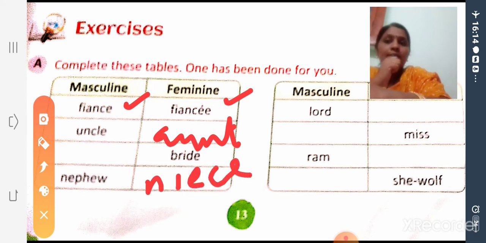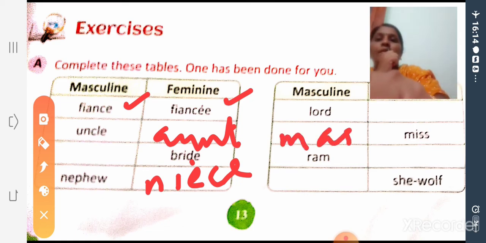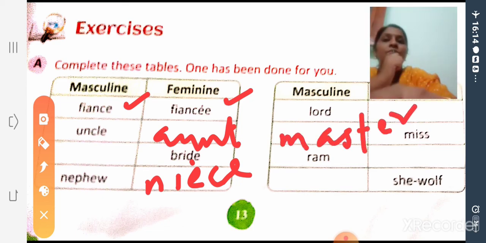Then lord, and its opposite gender is lady. Then here master, miss. Mistress, master. Here it is miss, but mistress is also right.